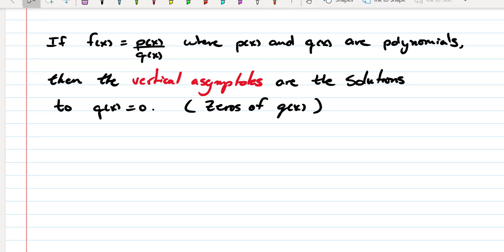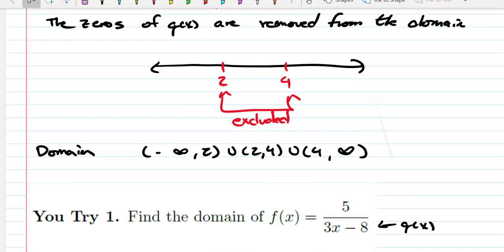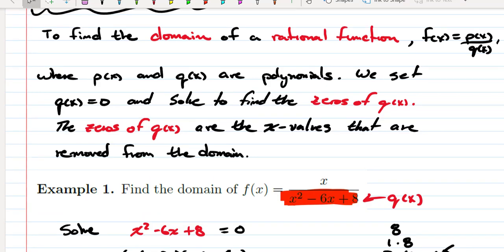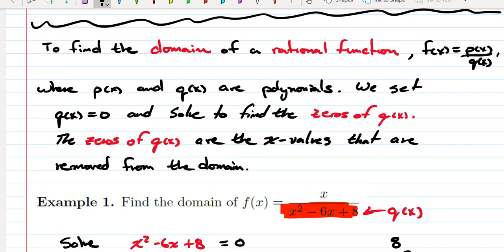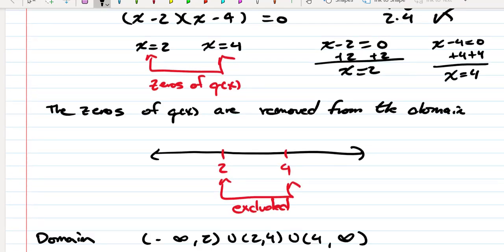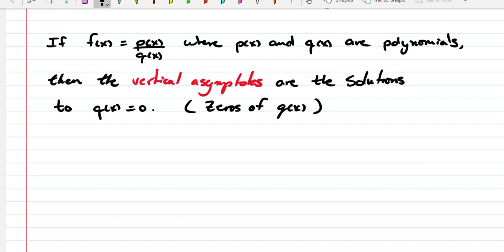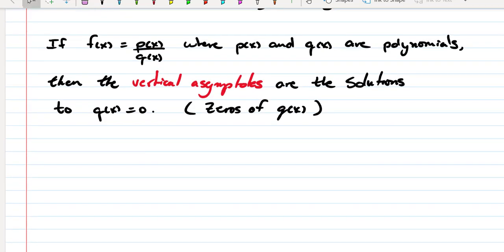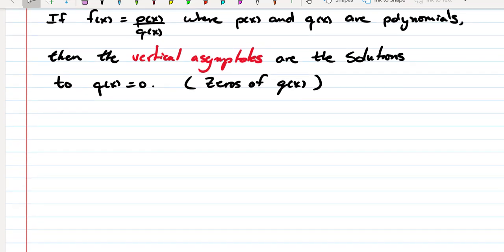Where have we seen these before? As we just said, these zeros of q of x were also the points that we removed from the domain of the function. So our vertical asymptotes are actually the points that are not in the domain of our rational function.